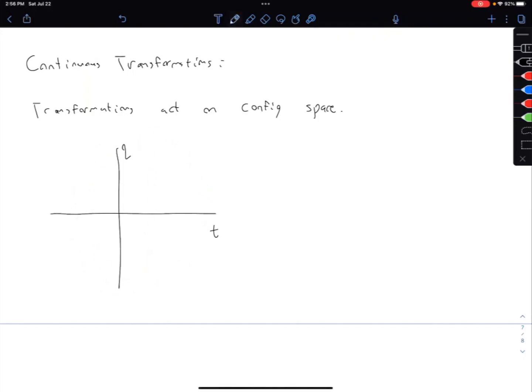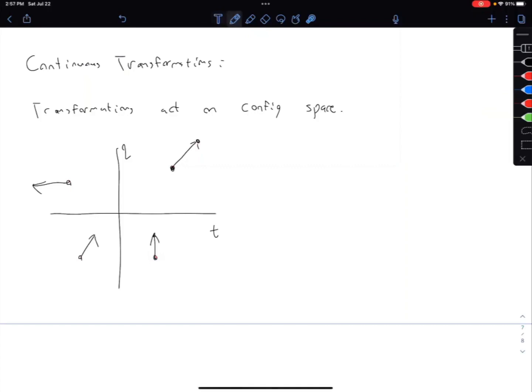What I mean is that a transformation takes a point in configuration space and moves it to, say, here. And it does this to every single point. Maybe this one moves here, maybe this one moves here. It's just something that you do to every point in configuration space. Now, how can I write that mathematically? By the way, notice that there are no trajectories happening here.